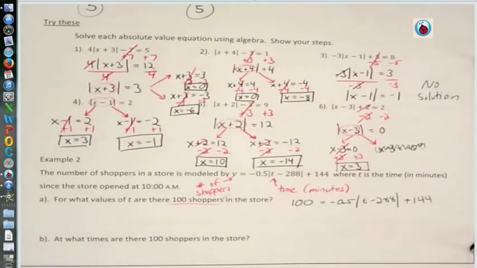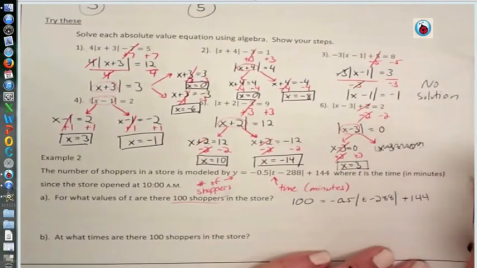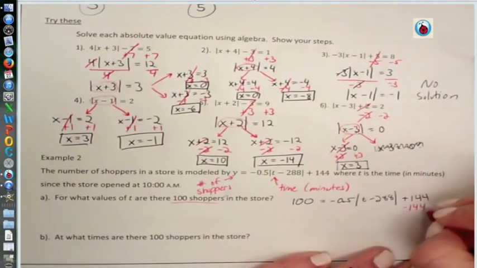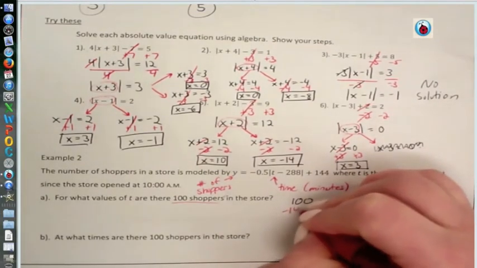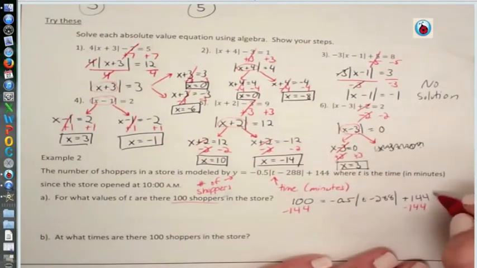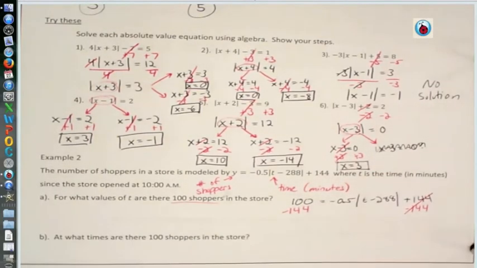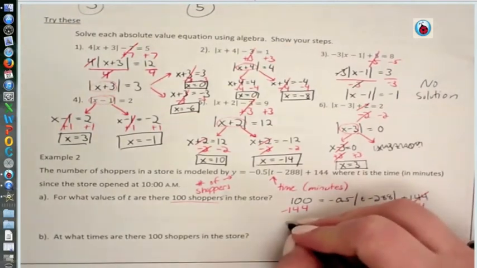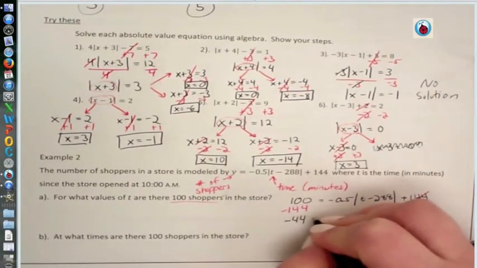I want to get the absolute value part by itself. So I will start by subtracting 144 from each side to get rid of the plus 144. 100 minus 144 is negative 44.